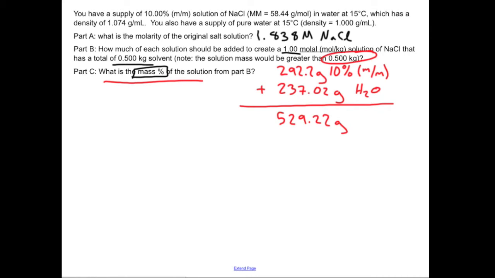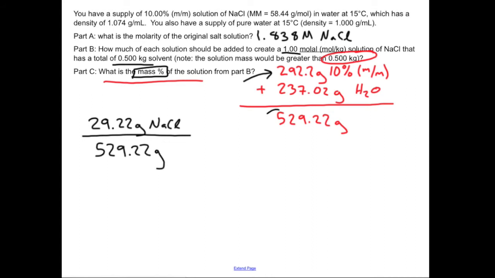I erased the number before, but you'll recall that I have 29.22 grams of sodium chloride in my solution. That all came from this guy, because the pure water isn't bringing anything to the table. But that is 529.22 total grams of my final mixture.